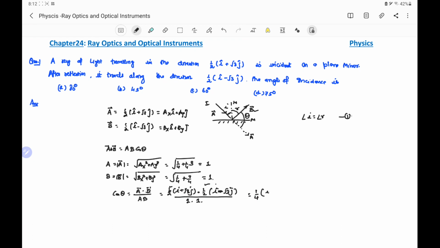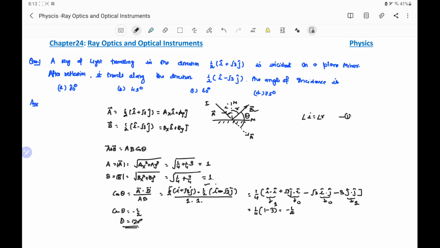So it gives i dot i plus root 3 j dot i, then minus root 3 i dot j and minus 3 j dot j. Here i dot i is 1, j dot i is 0, i dot j is 0 and j dot j is 1. Therefore, we will have 1/4 into (1 minus 3), that is equal to minus 1/2. So cos theta is minus 1/2, hence theta equals 120 degrees.